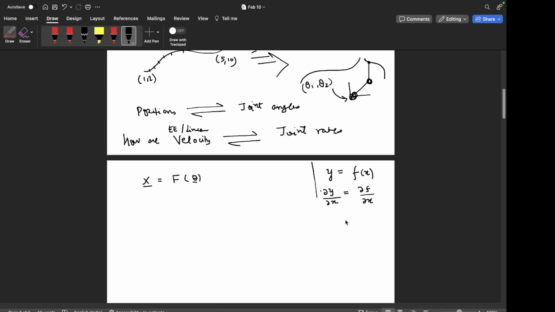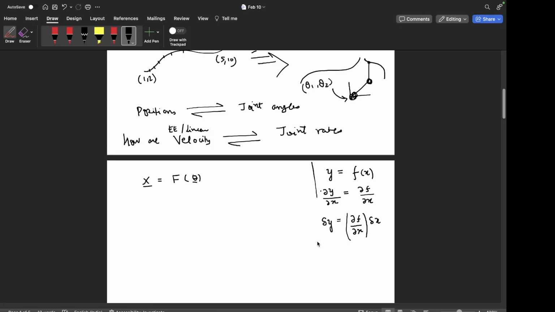What does it give? The rate of change of y with respect to x. So a small change in y relates to a small change in x via this relation.